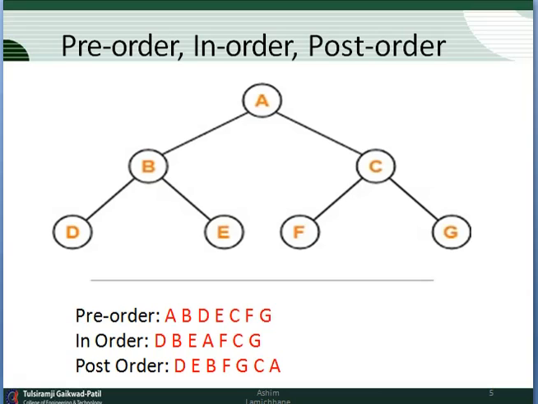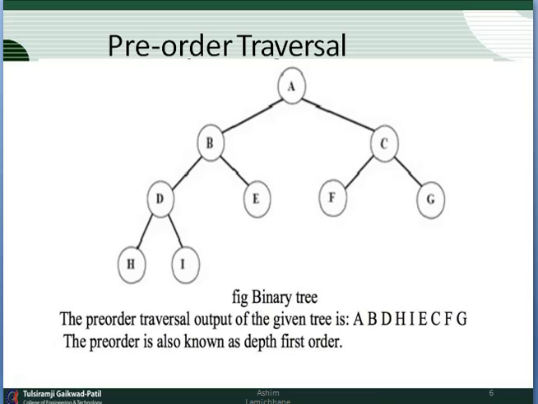So the leftmost element will be D, then the right of the left subtree, that is E, then the root of that subtree, that is B. Then we visit the right subtree, that is F, by the same procedure, F, G, C, and at last the main root, that is A.